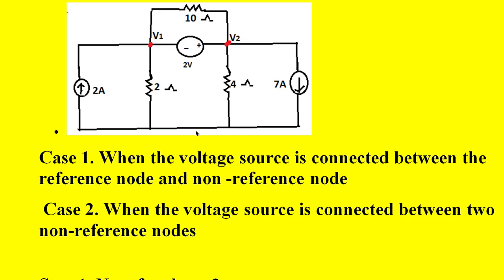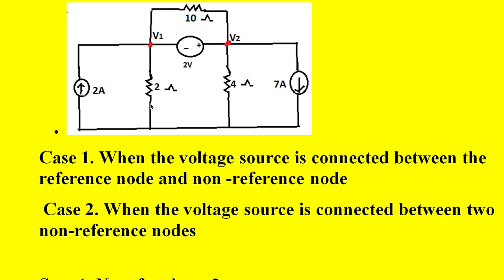We say the circuit is a supernode circuit when a voltage source exists between the non-reference nodes, or between the reference node and a non-reference node. This is the reference node and this is the non-reference node. There is no voltage source between this point and this reference node.